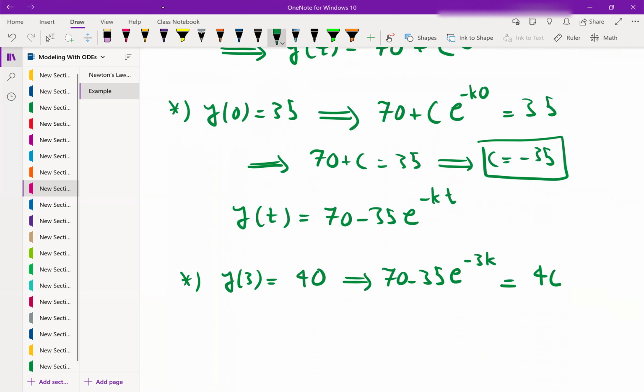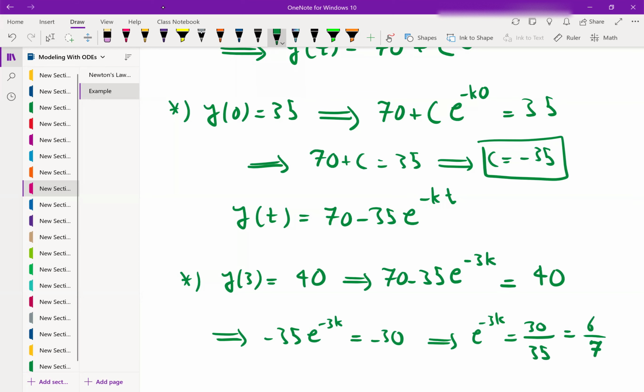This is equal to 40. Very good. So what does that tell me about negative 35 e to the negative 3k? That is equal to 40 minus 70, which is negative 30. That means that e to the negative 3k is equal to 30 over 35, which is equal to, if you divide by 5, 6 over 7.